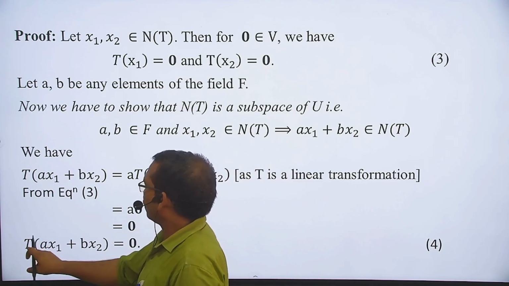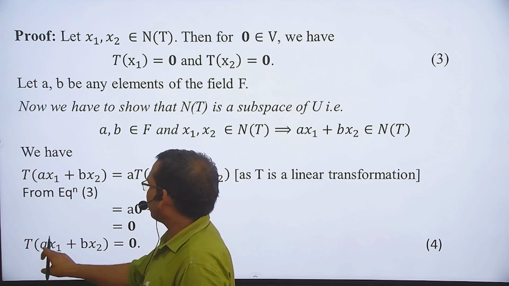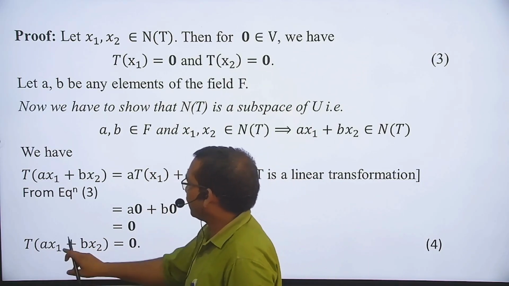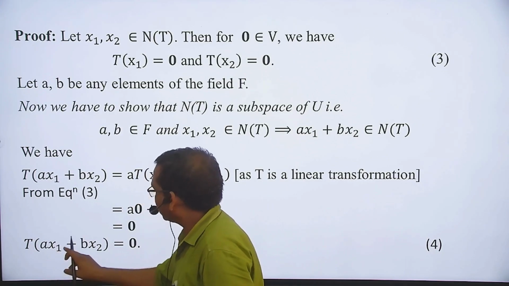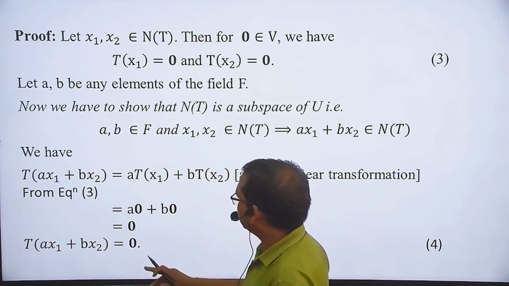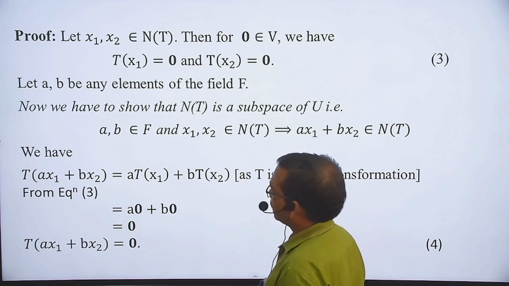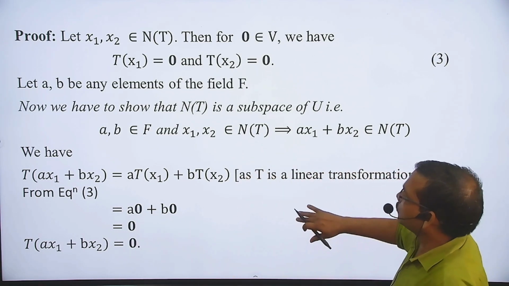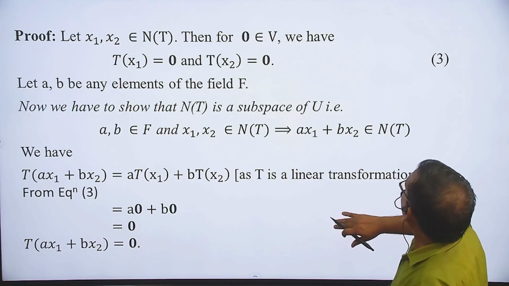So we get T(a x1 plus b x2) equal to 0. It means the element a x1 plus b x2 has 0 image. An element of U which has 0 image also belongs to the null space.